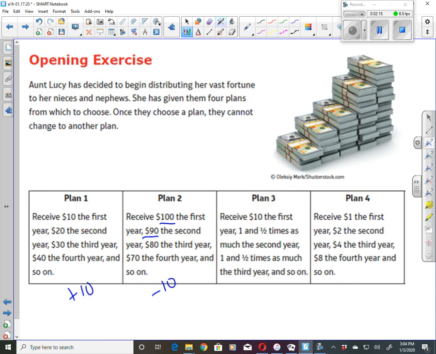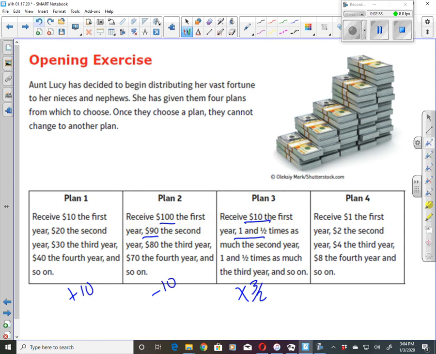Plan 3 says you're going to start again with $10, and each year you're going to multiply that amount by 1.5 times. So times one, you know what, let's make that times 3/2. 1.5 is 3/2.